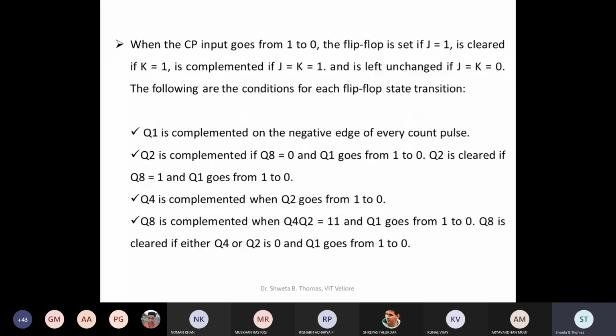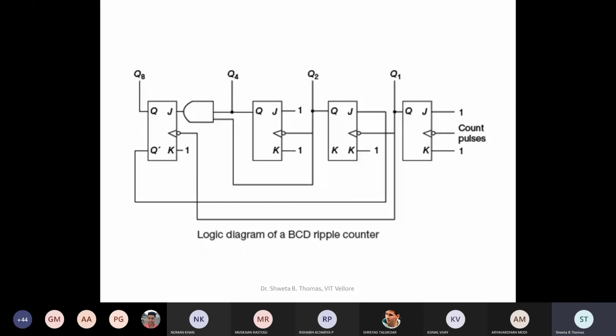Be very careful when you are writing the steps, noting which flip flop. It is very important. If you are facing any difficulty, you can give names to all the flip flops. Either start from right or left, for your convenience.